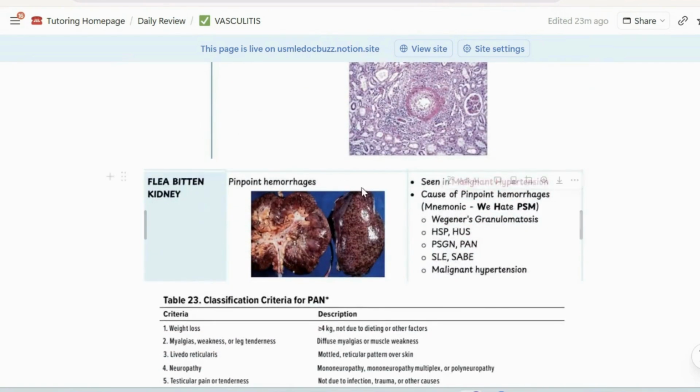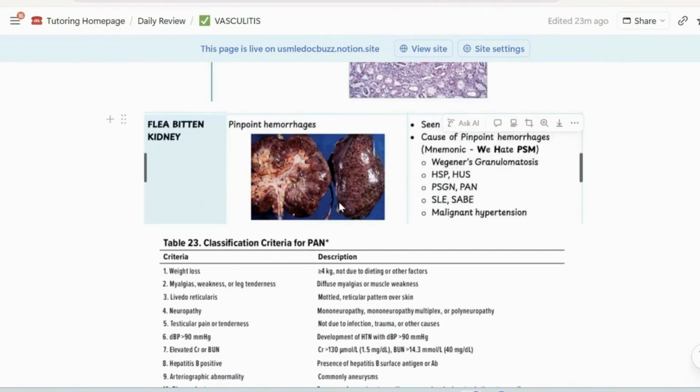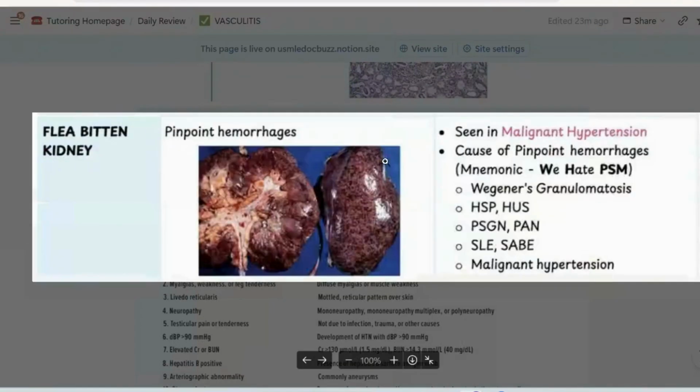Okay. Now, this is the flea-bitten kidney, and you see the amount of punctate hemorrhaging, okay? Pinpoint hemorrhages, punctate hemorrhaging throughout the kidney, right? Now, there are a lot more differentials of these punctate hemorrhages seen on gross mounting, right?